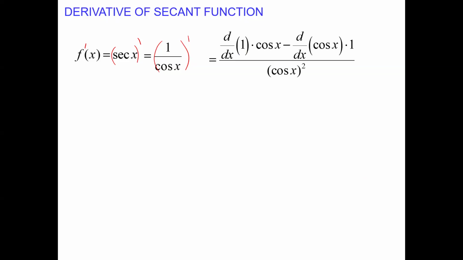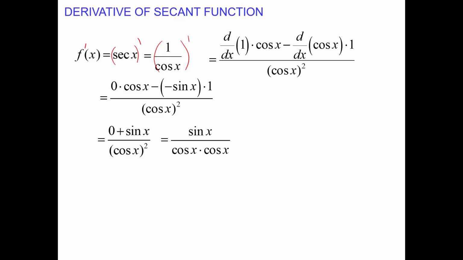Okay, I hope now you come back. You did come back, and you have the derivative of 1 and cosine, all of the steps. You have this, and now you got sine of x over cosine of x times cosine of x.